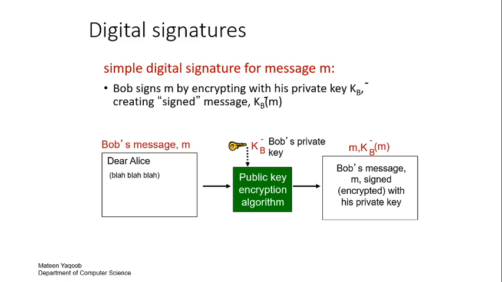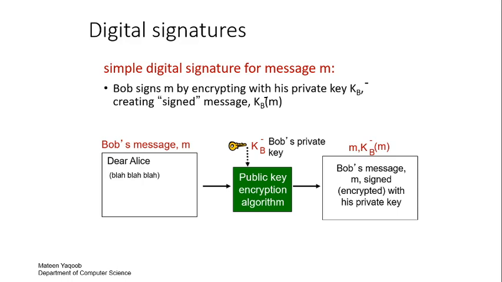For digital signatures, consider a simple digital signature for a message M. Let's say the user Bob signs the message by encrypting it with his private key, creating a signed message. Suppose he wants to say "Dear Alice" and something else, that is the message, and then he digitally signs this document with his private key using a public key encryption algorithm.